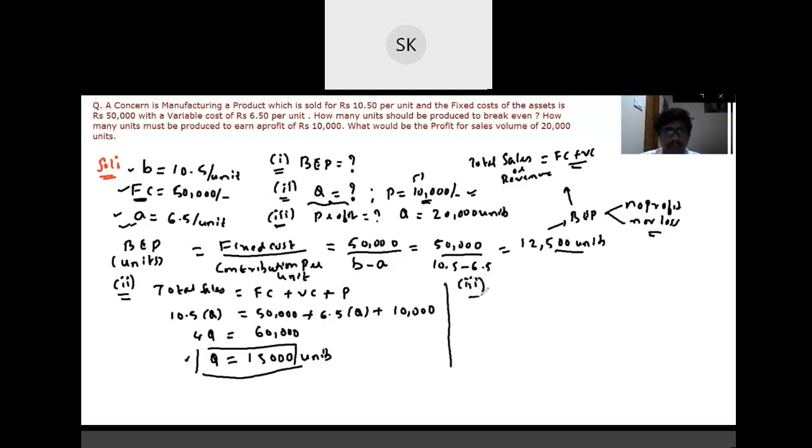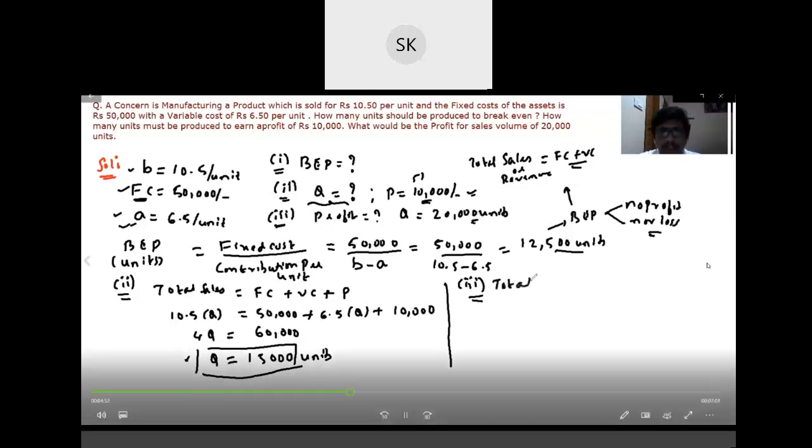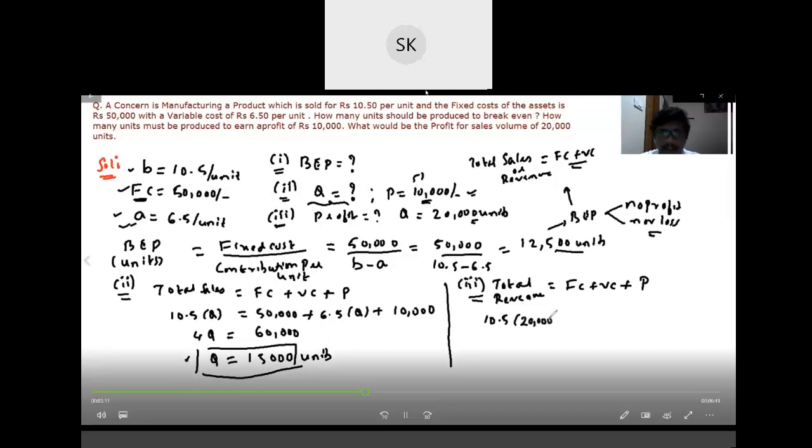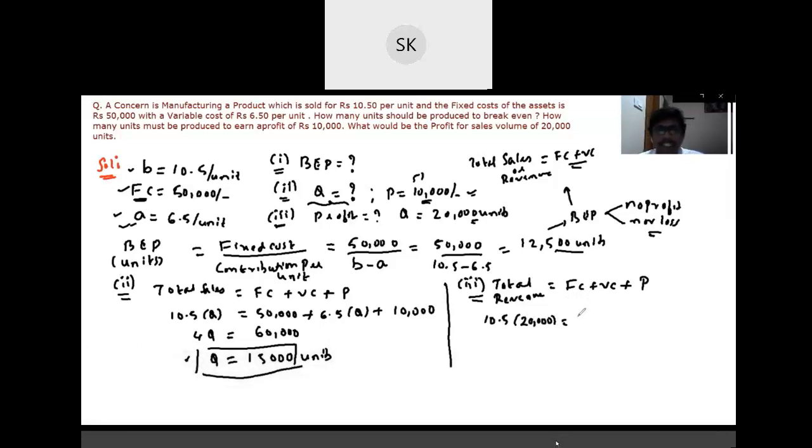the margin of safety. So there are two methods to find out the margin of safety. Number one is sales minus break-even sales. If you remember from the previous class, to find out the margin of safety, there were two formulas. One was actual sales minus break-even sales.